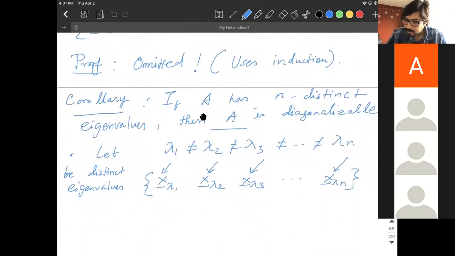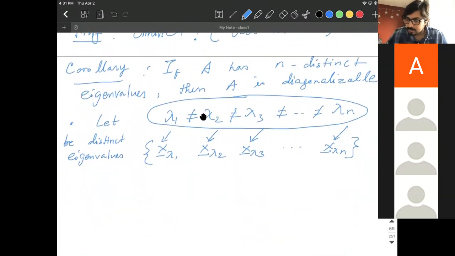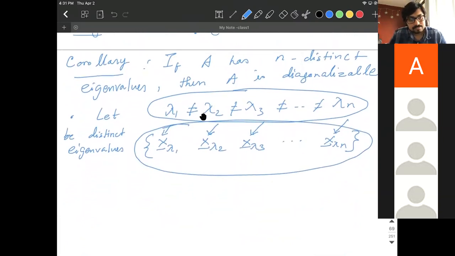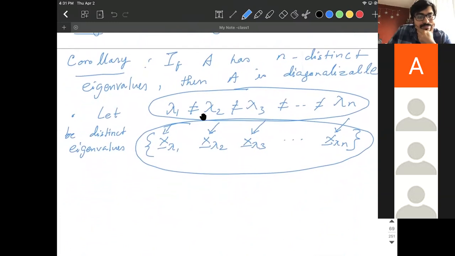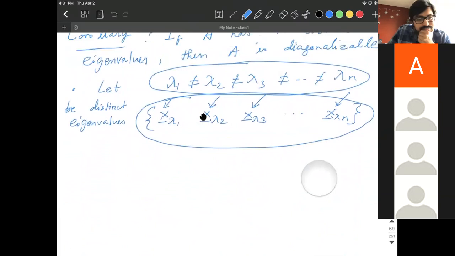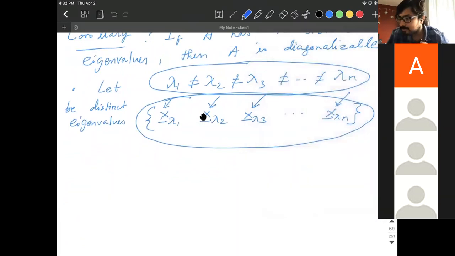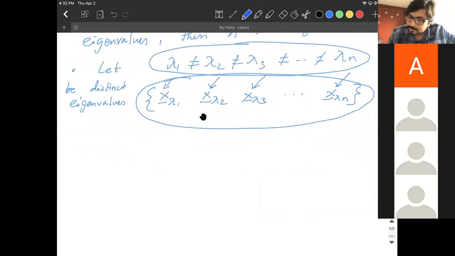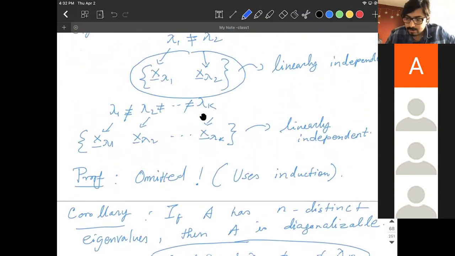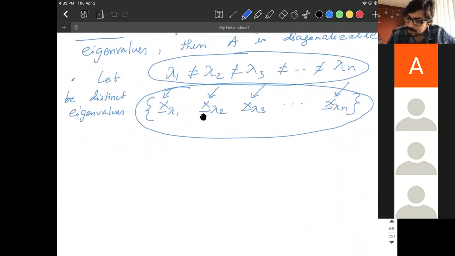So these are distinct eigenvalues. So then this set is what? Linearly independent. I mean, it's just quoting the fact. So this set is linearly independent.